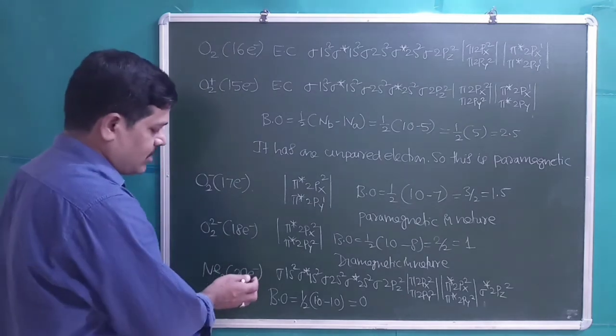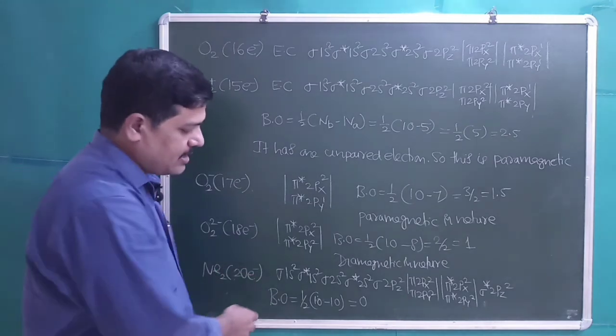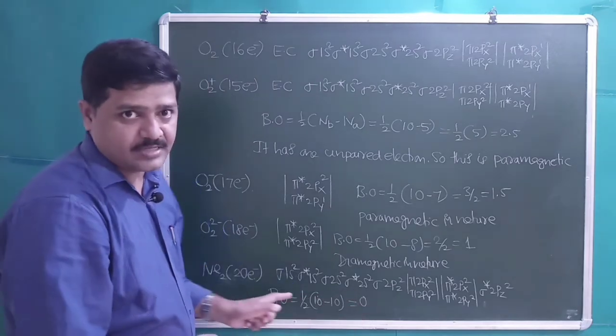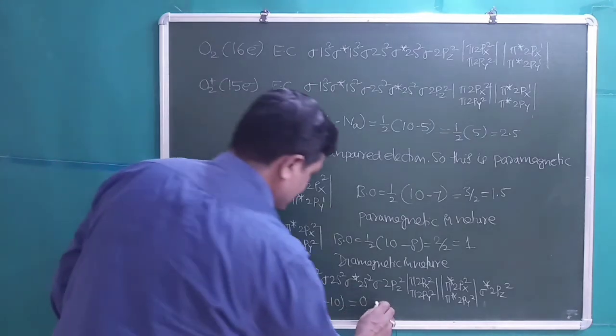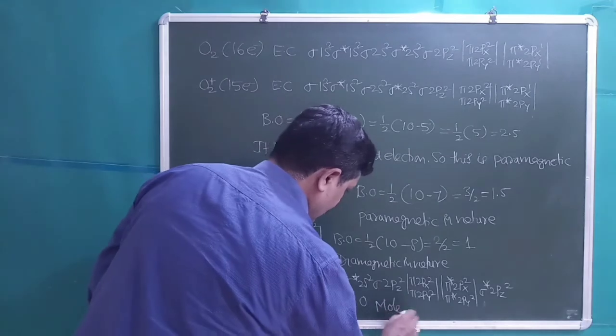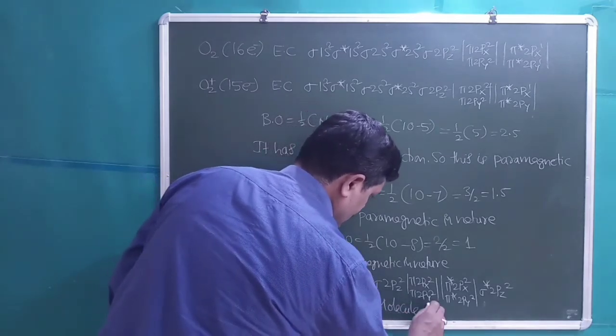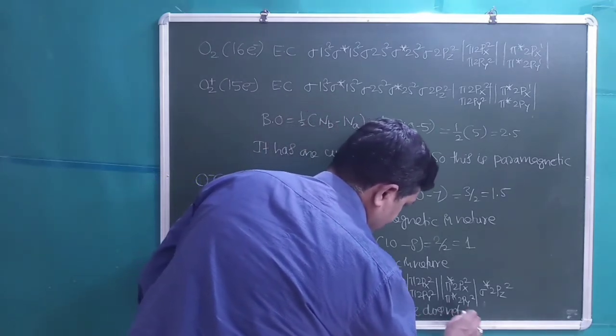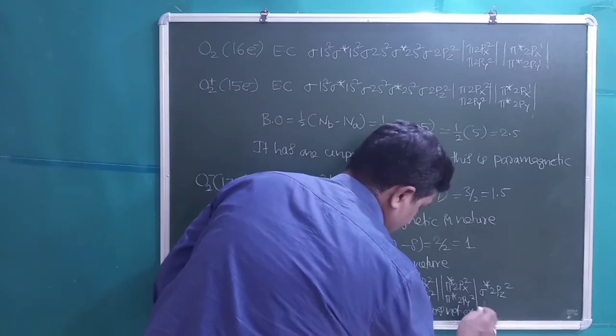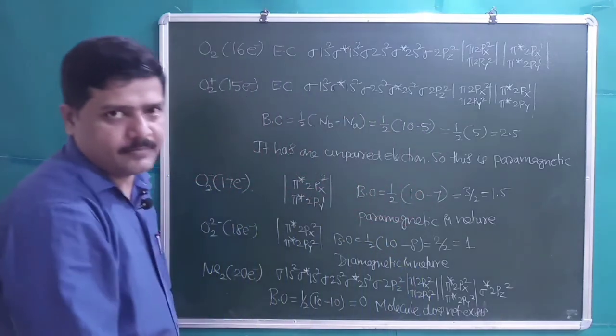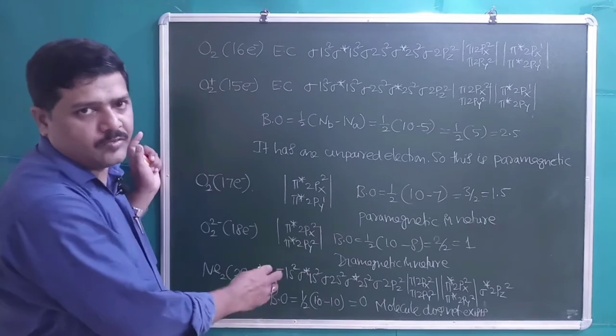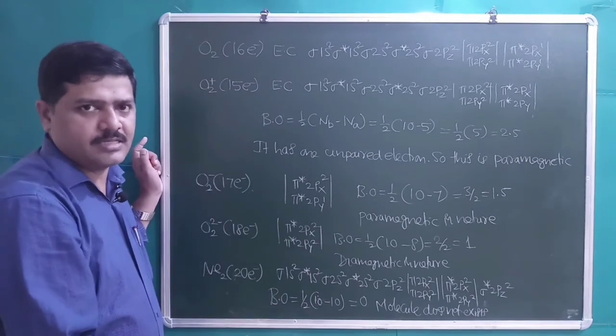For any given molecule or ion, if the bond order is 0 or a negative value, that molecule does not exist. Students, finally I will explain a shortcut to find the bond order for a given species.